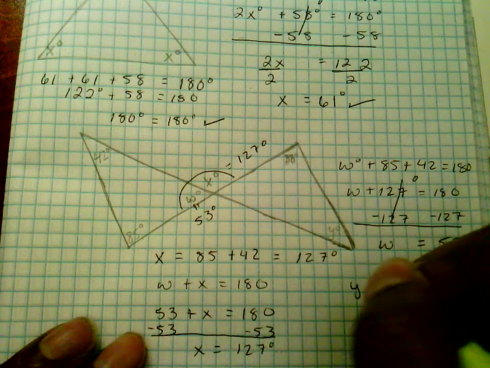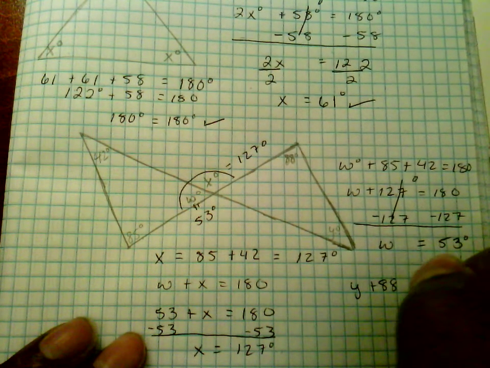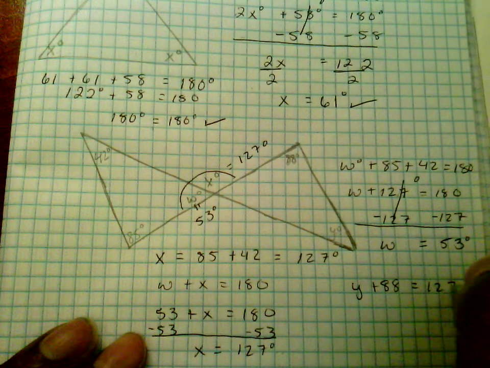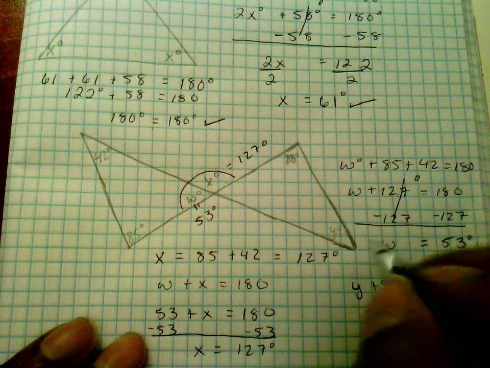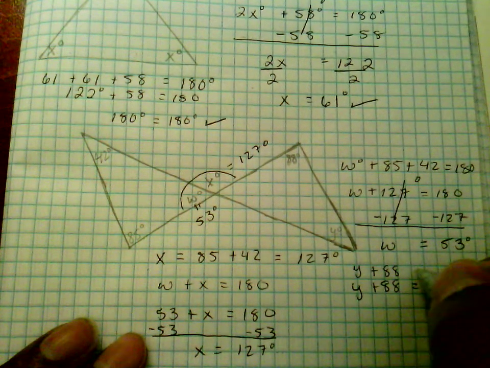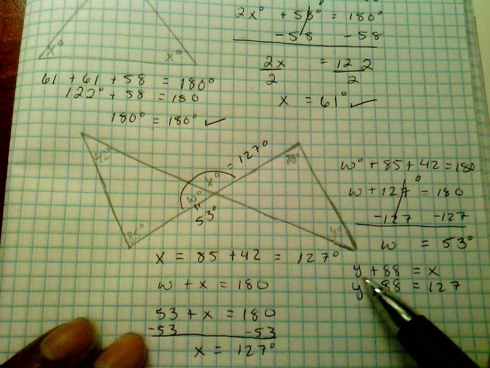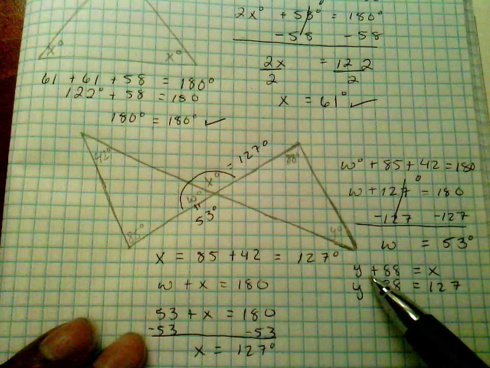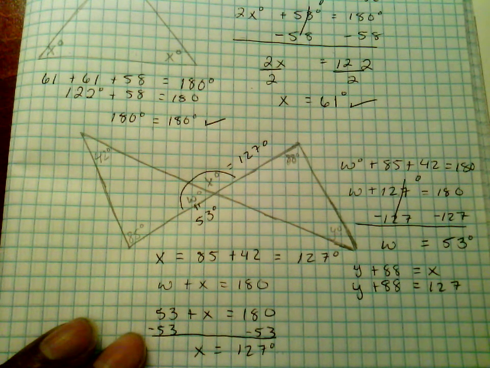So let's set up an equation here to represent that. Let me write it this way, Y plus 88 equals X. This will be our starting point, making our connection here that Y and 88 are the remote interior angles and X is the exterior angle.